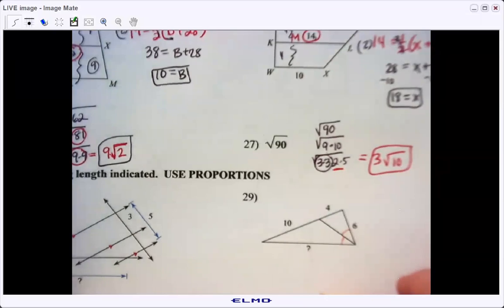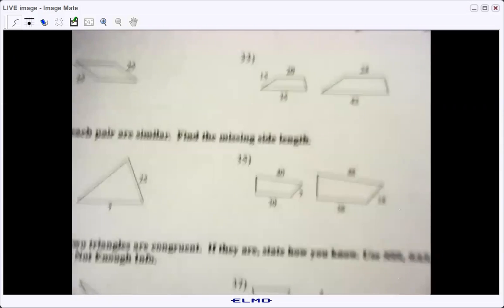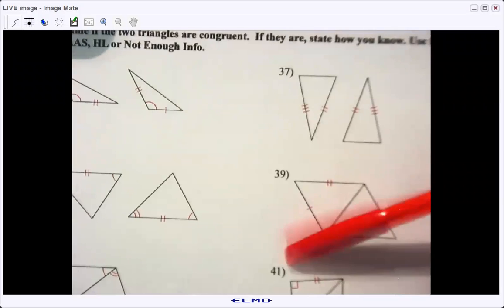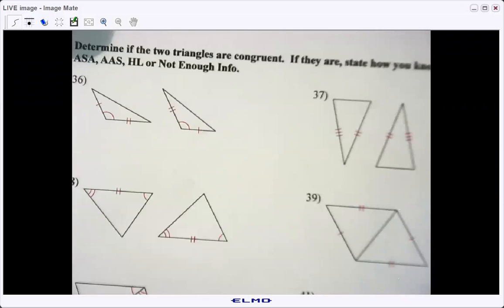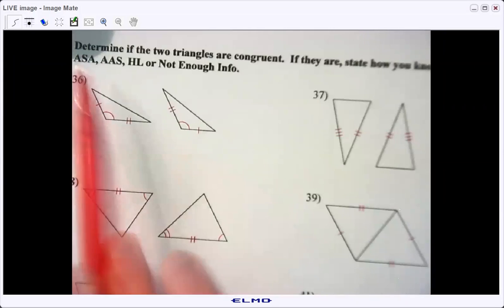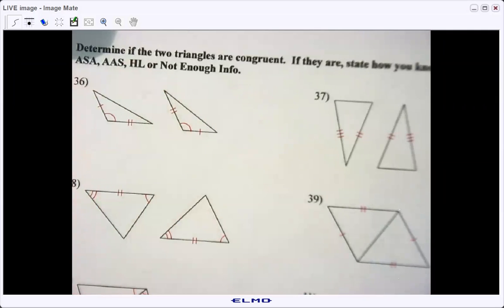We have 28, 29 on that last page, and then ones that we've done recently. We did scale factor, find the missing side, and then it goes back to something that we did second trimester, which was similar or congruent triangles. Here are the reasons that you can use. So see what you can do.